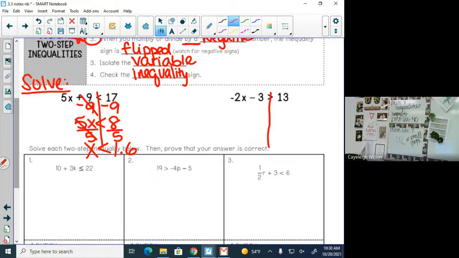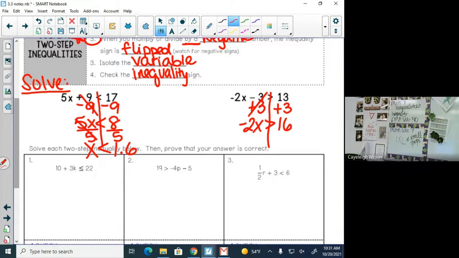Subtraction. I have a -3, so I'm going to add 3 to each side of my inequality sign. So -3 plus 3 is gone, but I'm left with negative 2x over there. 13 plus 3 is 16. And I did not change my inequality sign because it doesn't apply to adding and subtracting.